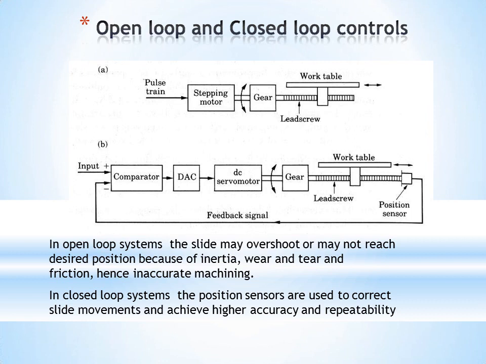Hence, we may get inaccurate machining in the open loop system. That is the reason we do not go for the open loop system. In a closed loop system we have a feedback signal and a position sensor which detects the position of the axis, and because of this we get high accuracy and high repeatability in the CNC.